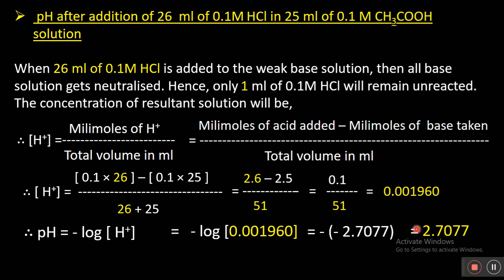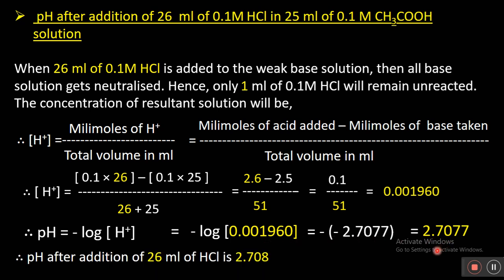From that, the pH of the solution will be pH equal to negative log of H plus ions. Put this value of H plus in this formula, then we get pH equal to 2.7077. Therefore, pH after addition of 26 ml of 0.1 molar HCl is 2.708.